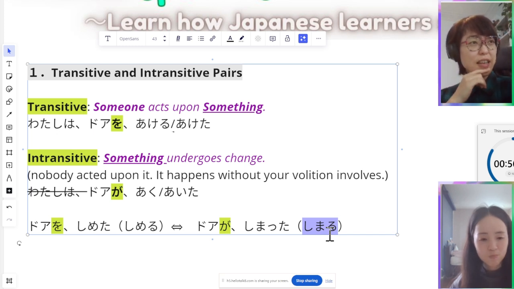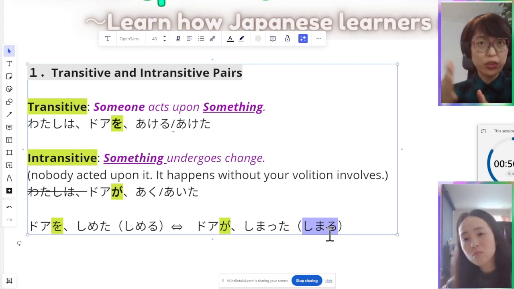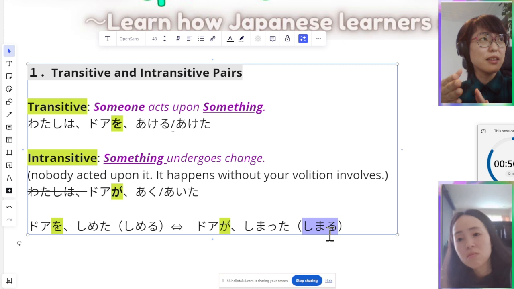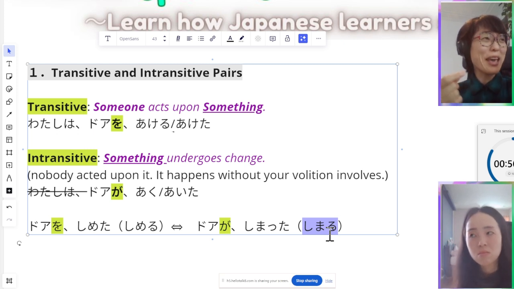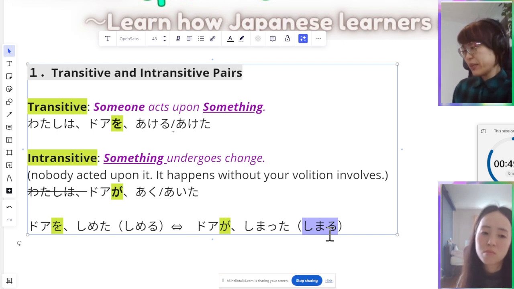I think in the video, Andy said some information about how you can identify which of these pairs is intransitive and which is transitive. Remember what he said?